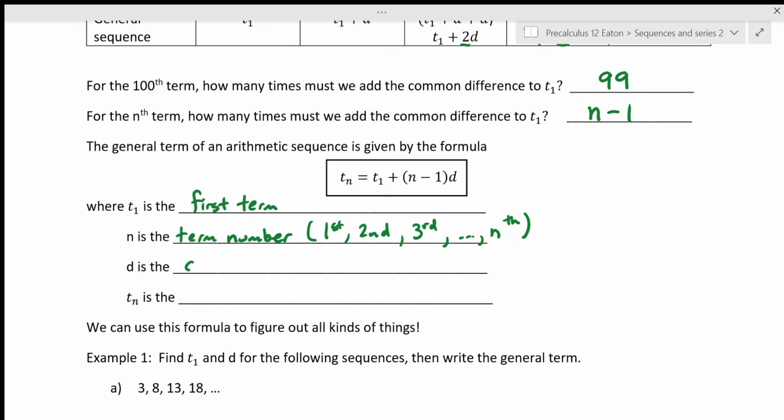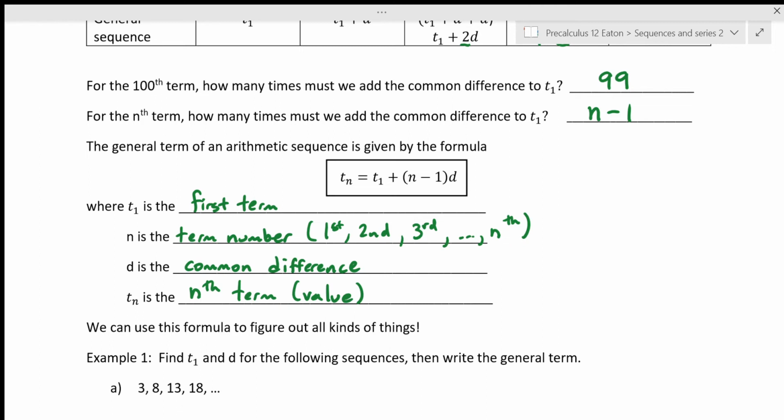D is the common difference, which is how much it's going up or down by each time. And T sub n is the nth term, which is the actual value of that nth term. So if I'm looking at T12, it's not 12, it's whatever the 12th term is of that particular sequence.